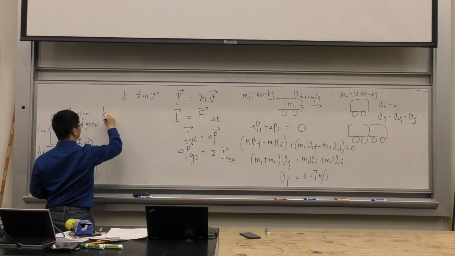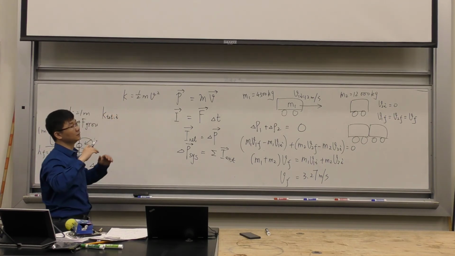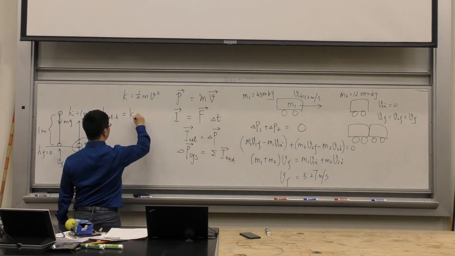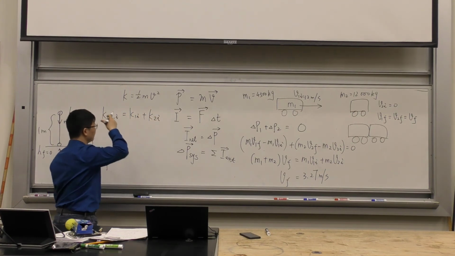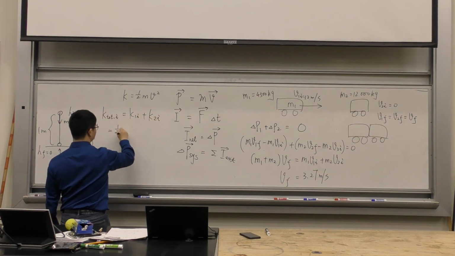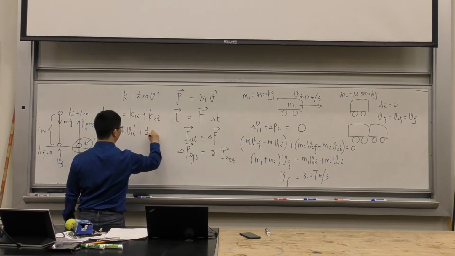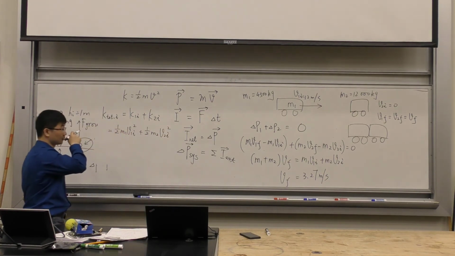The total initial kinetic energy, before the collision, is just going to be K1i plus K2i. I'm just going to use a definition. So that's just going to be 1/2. I want you to do this because I want you to compare momentum with energy.